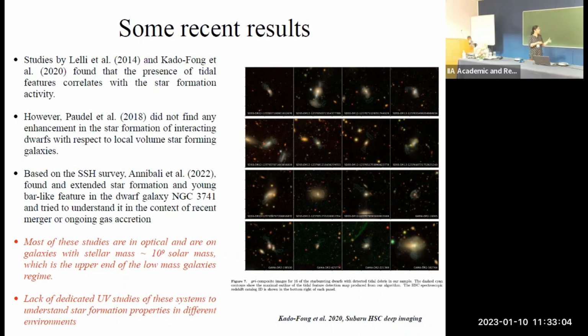These are interesting things, which they connected to the context of a recent merger or ongoing gas accretion. So finding a young bar is interesting. Most of these studies are in optical and are on galaxies with stellar mass around 10 to the power 9 solar masses, which is basically the upper end of the low mass regime.